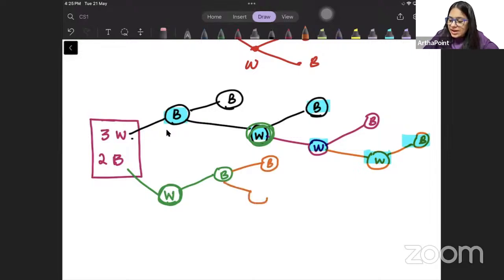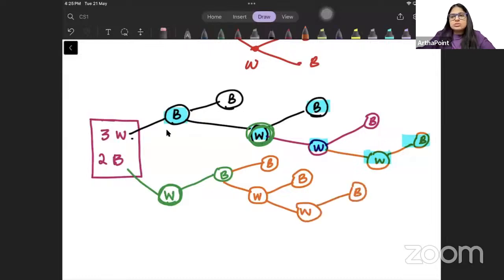Or after black I end up drawing a white ball, after which I draw a black ball. Or after this I draw another white ball and then a black ball. These are all the possibilities. Try to understand the question. You get a black ball, then a white ball, then black, and you stop. Or a white ball followed by black and then again white, but then you get black and you stop. Or white followed by black, white and again white. You have drawn 3 whites now and therefore you get a black and you stop.